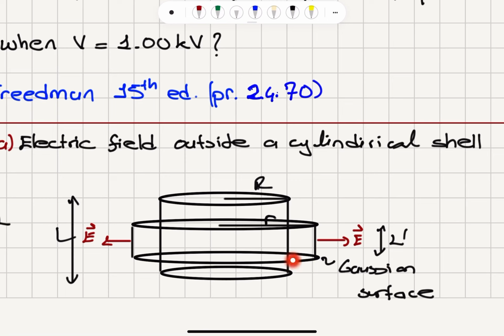Now the cylinder of interest has radius capital R and length L, and it has uniformly distributed charge over all of its outer surface. So we're going to apply Gauss law. The first thing I note is that because this cylinder has uniform charge distribution, the electric field lines are radially outward, and therefore they will be parallel to the area vector defined by the outer surface of this Gaussian cylinder.